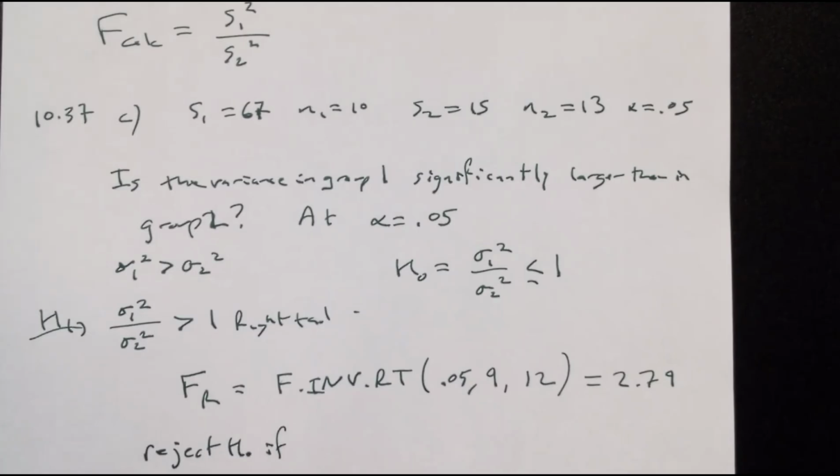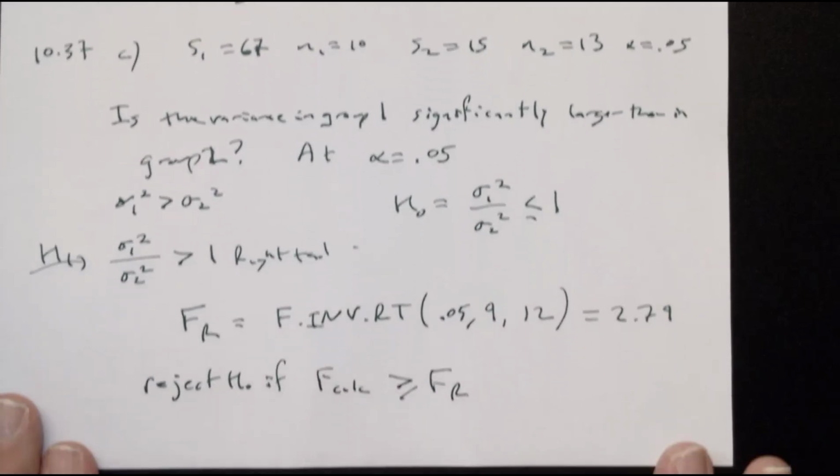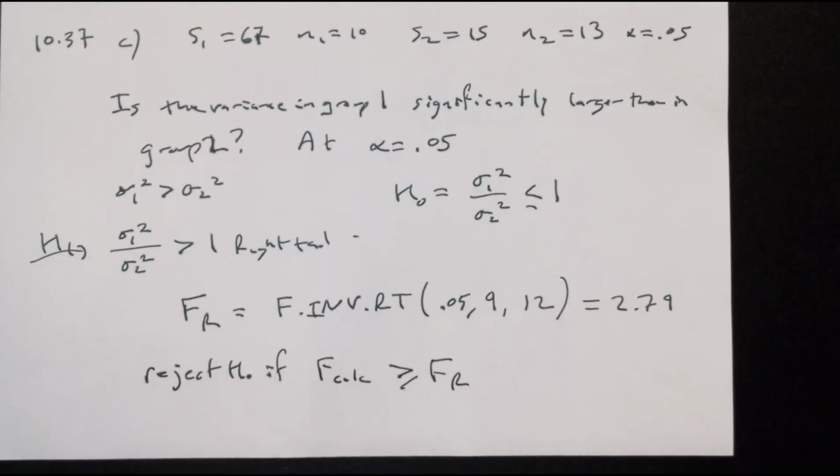I need to be on the rejection side. If we're doing a right tail test, that means I need to be to the right. So now we need F calc. F calc is S1 squared over S2 squared. Wait a minute, I have S1, I have S2, they're up there in the data we were provided in this problem.